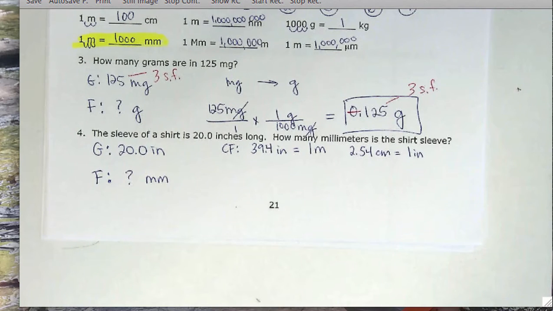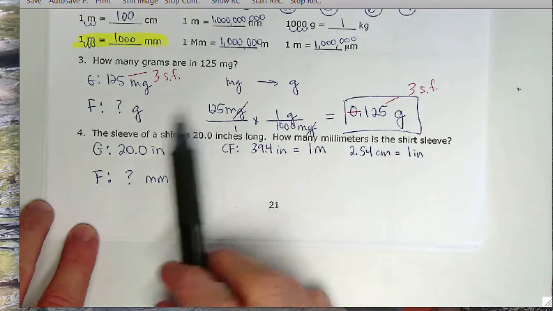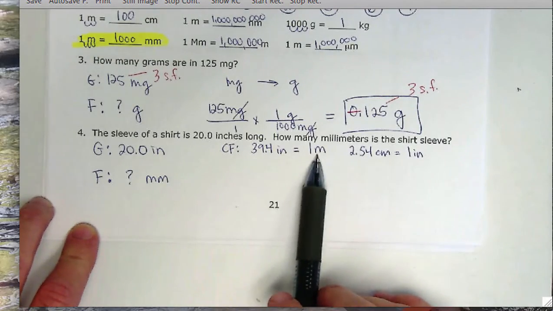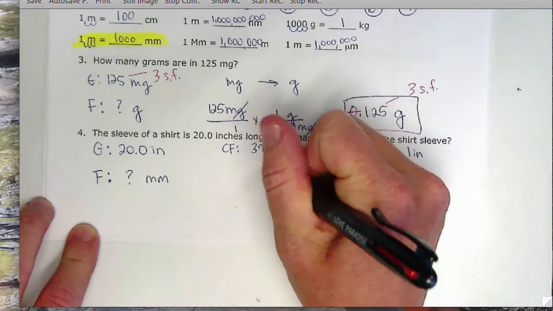Any other conversion factors that we would use? If you can, you're welcome to close that door. We could use some from our prefix ladder. Inches to millimeters, so meters to millimeters.